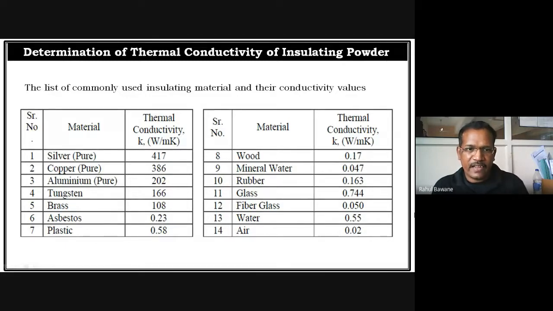If we get the exact value, that is just a coincidence, because the instruments in our practical labs are not highly calibrated, and the working conditions are not as per the standard required. So definitely there will be a value difference, but it should be near these standard values. We will try to do that.